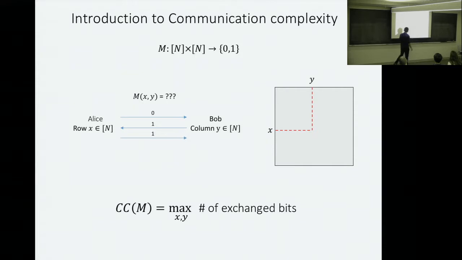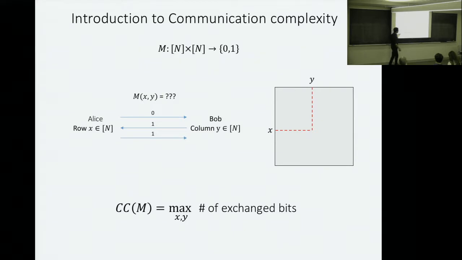Okay. And they want to do this by communication. So Alice sends a bit to Bob, Bob sends a bit to Alice, and they communicate. Well, the obvious thing is that Alice just tells Bob, hey, this is my index, it's index x. And Bob, now that he has both x and y, can just figure out the entry.